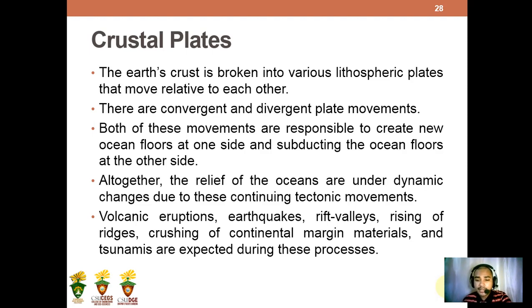So if there are changes or movements of the lithospheric plates, the oceans are also dynamic in nature.